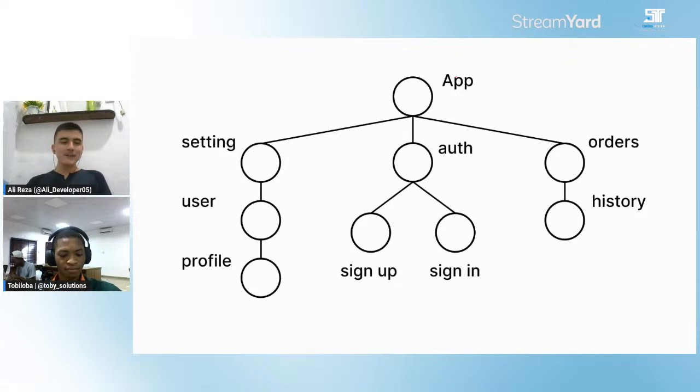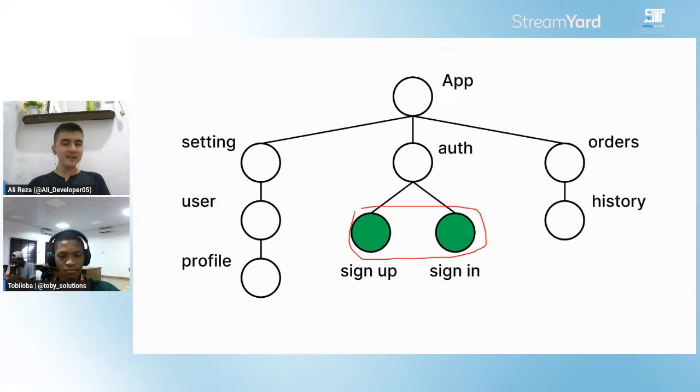So for this project, when someone wants to use our website, they must sign in or sign up. That's why they have to go to this page, which is auth. So we have two components, which are sign up and sign in. When they sign in, the data is going to be just in these two components.